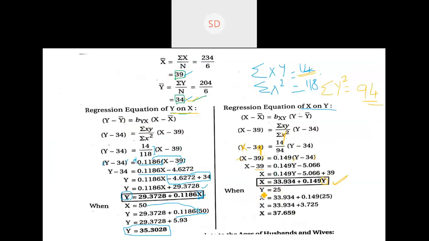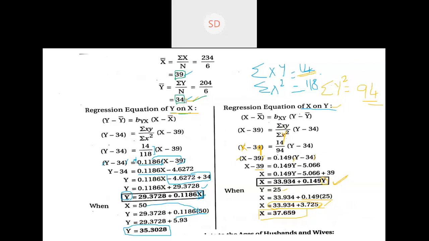So x is equal to 33.934 plus 0.149 into 25. Okay, so x is equal to 33.934 plus, if you multiply these two numbers, you will get 3.725. Then once you add all the numbers, you are predicting the value of x to be 37.659 by using the regression equation x on y.